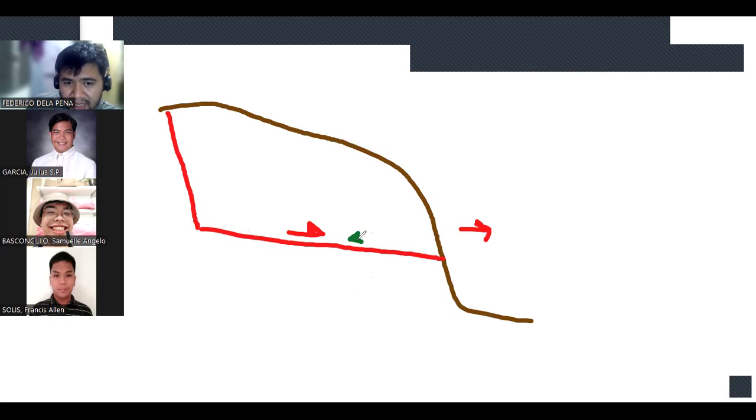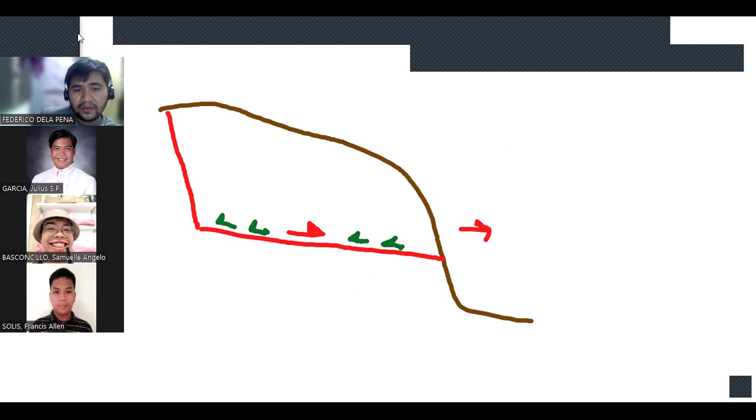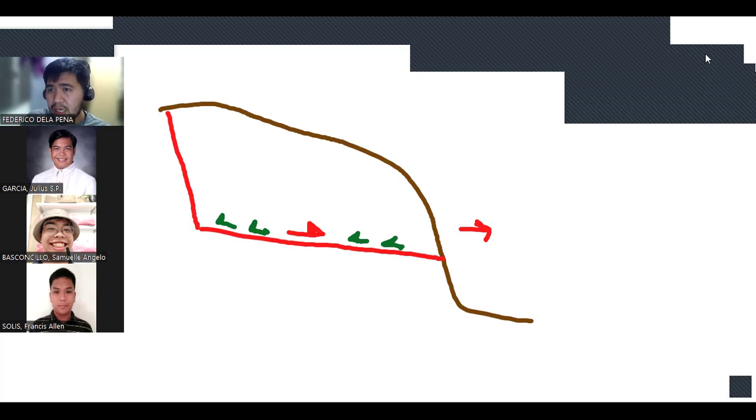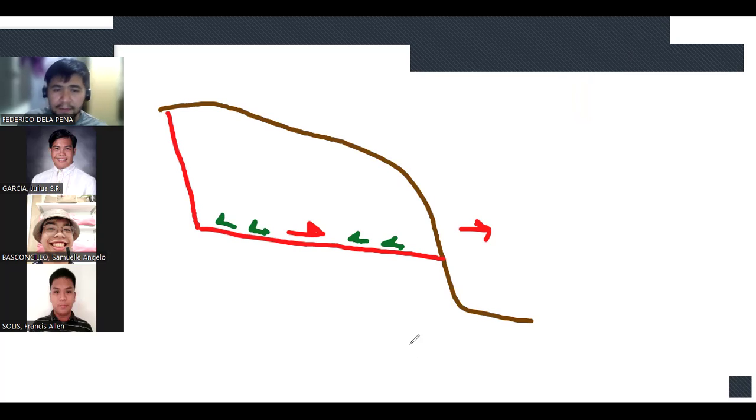So you also actually have friction here, and it is resisting the movement of your rock blocks. Okay? And this friction will come from the roughness of your discontinuity and other interlocking parts of your rock material.